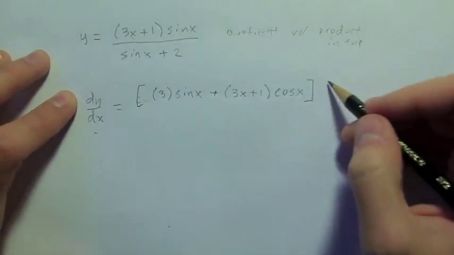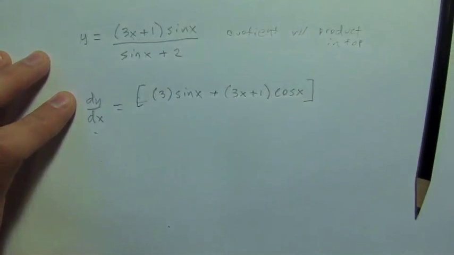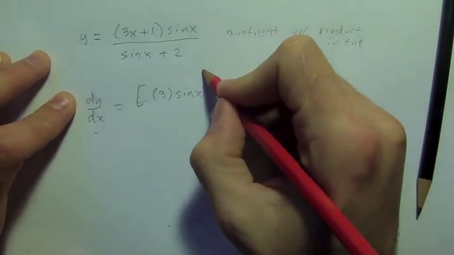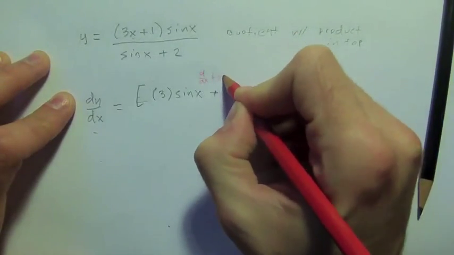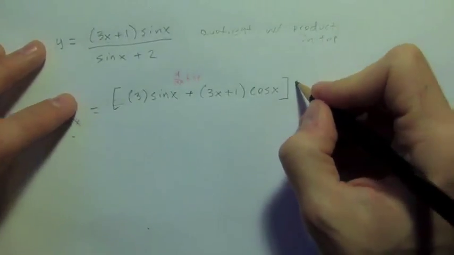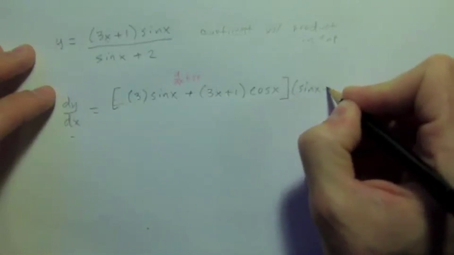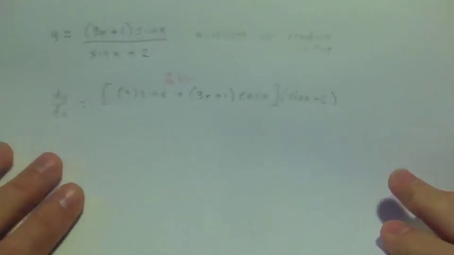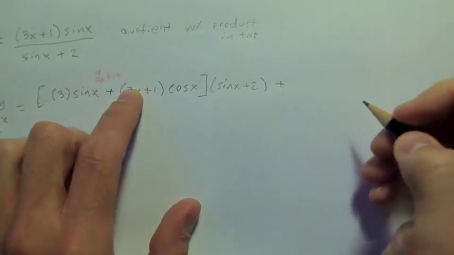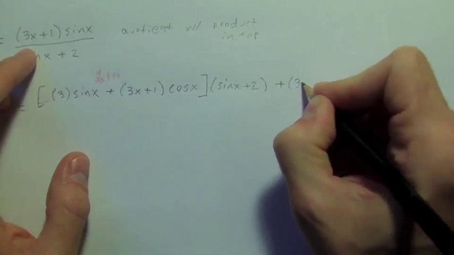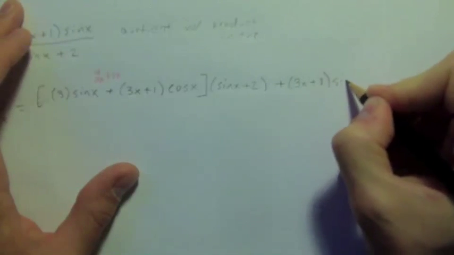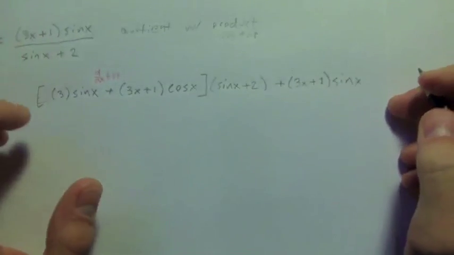This whole thing here is the derivative of the top. Then the next piece is the bottom left alone. So that will be sine x plus 2. And then it will be the top left alone, which will be 3x plus 1 times sine x, and I'm definitely running out of room.